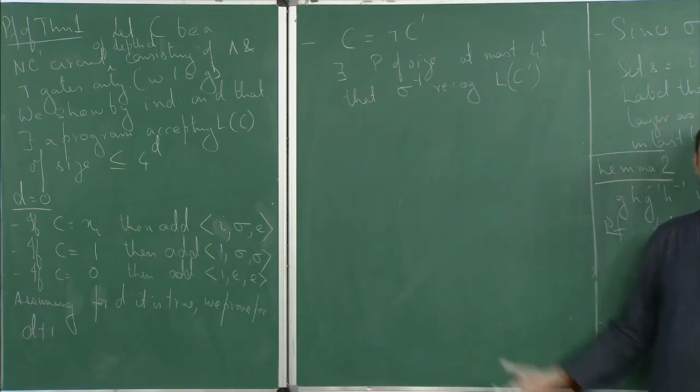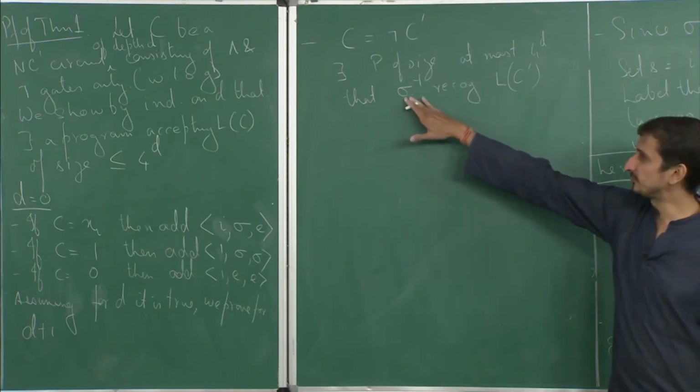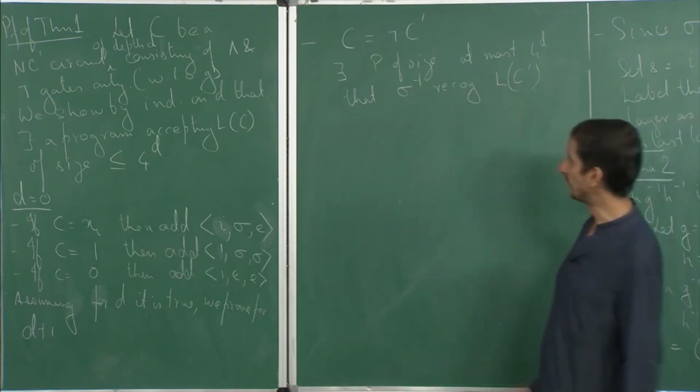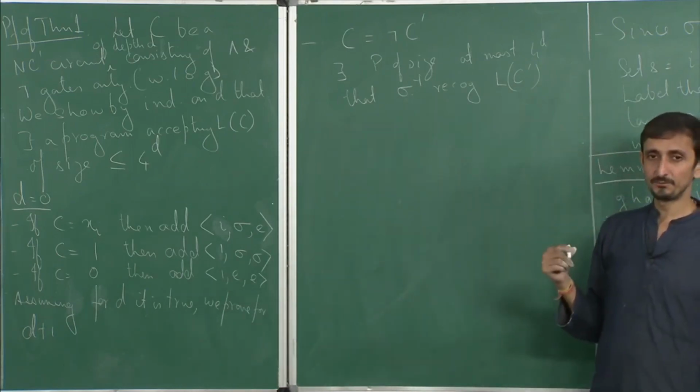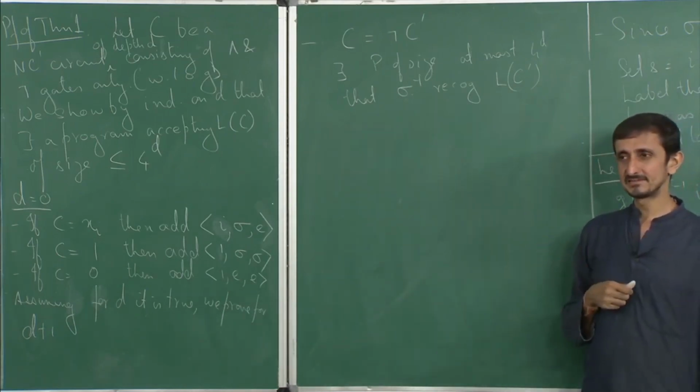Sigma prime is just another 5-cycle, so we can actually take this to be anything that we want. Now, how do I get a program for C? What will it be?